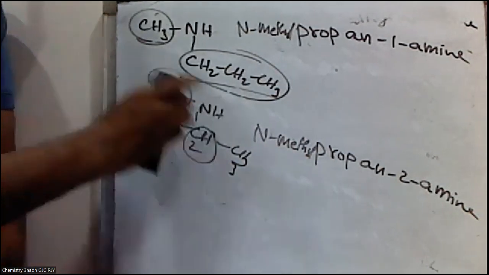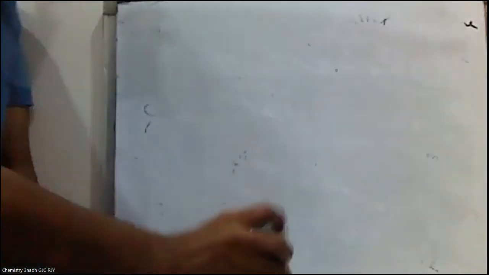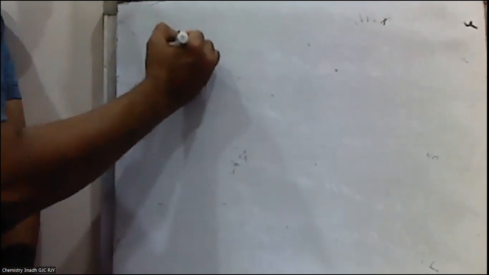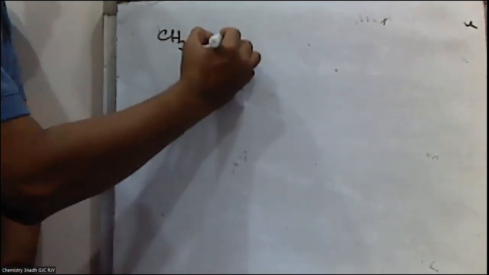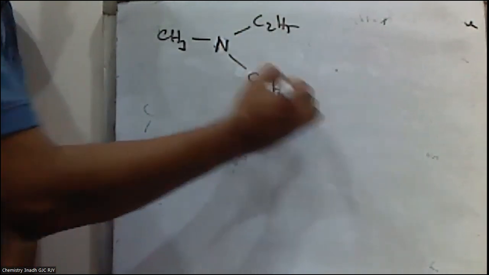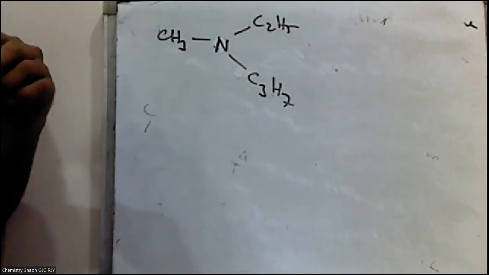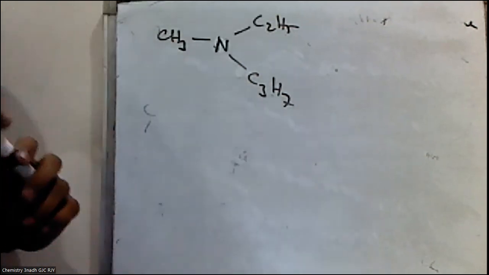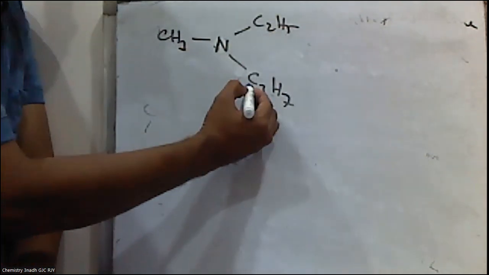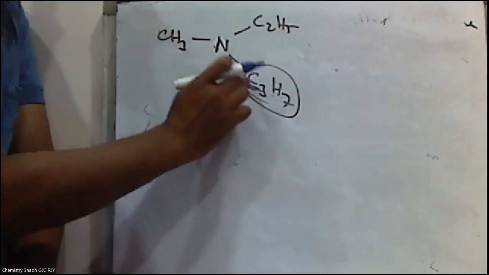If 3 alkyl groups, for example, if you take some tertiary amine containing 3 different alkyl groups, CH3, N, C2H5, and C3H7. This is a tertiary amine, and if 3 alkyl groups are same, we write N,N-dialkyl alkanamines. But here 3 alkyl groups are different, and the longest chain is C3.